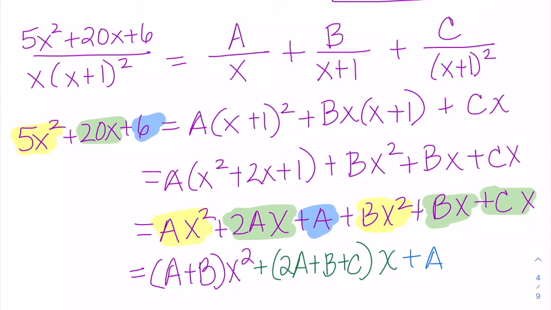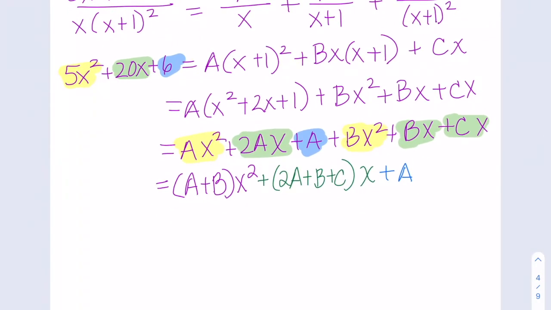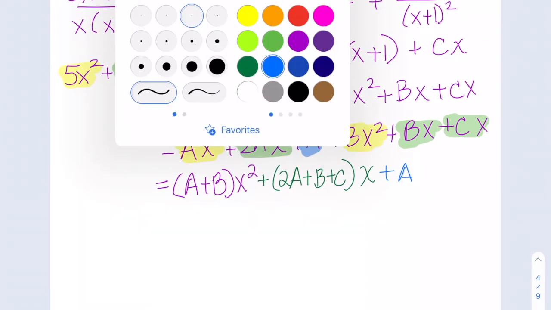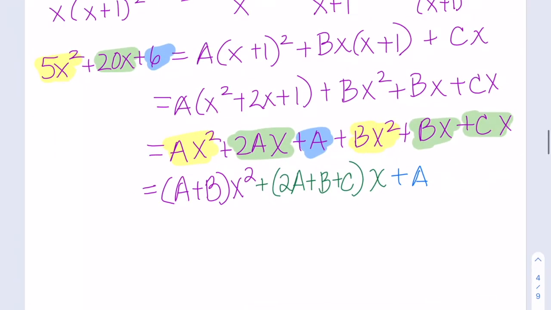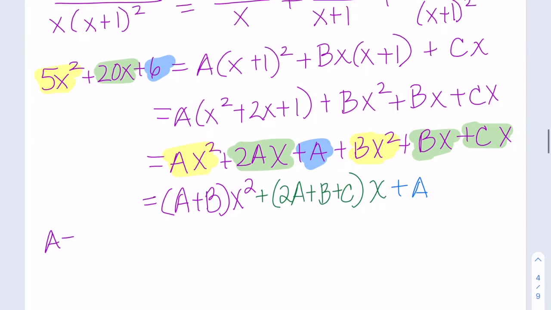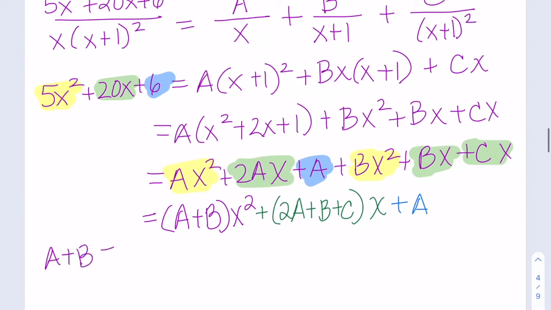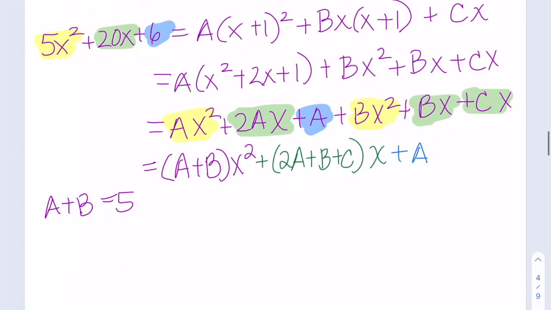Now I'm going to use these coefficients and the constant to write the equation. So when I look at the first one, we know that a plus b has to equal 5. We know that 2a plus b plus c has to equal 20. And then we know that a equals 6.